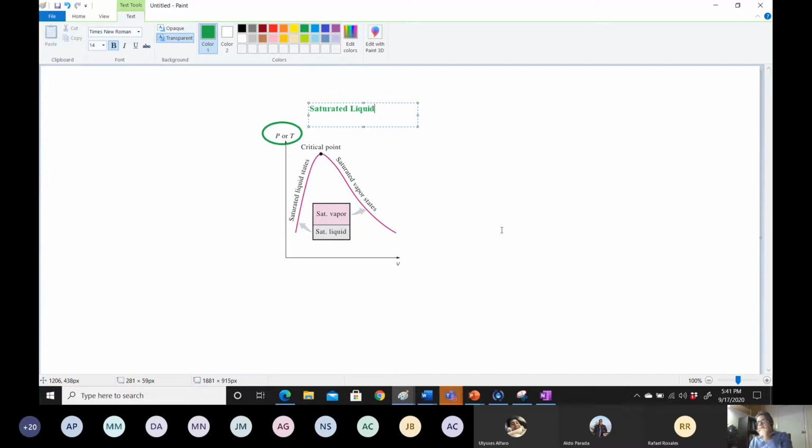States are defined by two independent properties. In other words, you have to be given a temperature and the fact that it's saturated liquid. So if you're told I'm boiling a pot of water and the temperature is 90.5 degrees Celsius, then that defines a state.